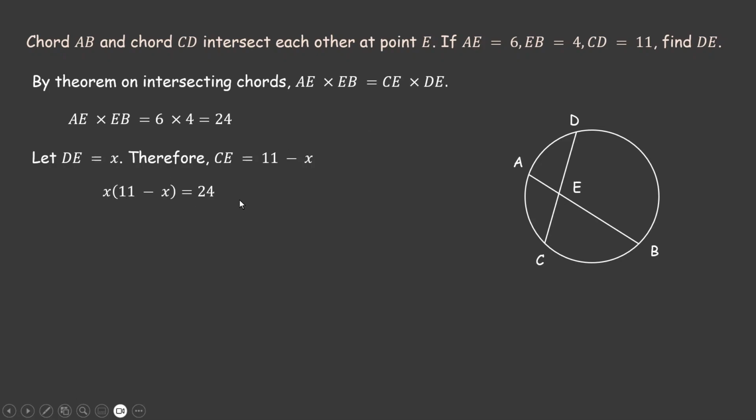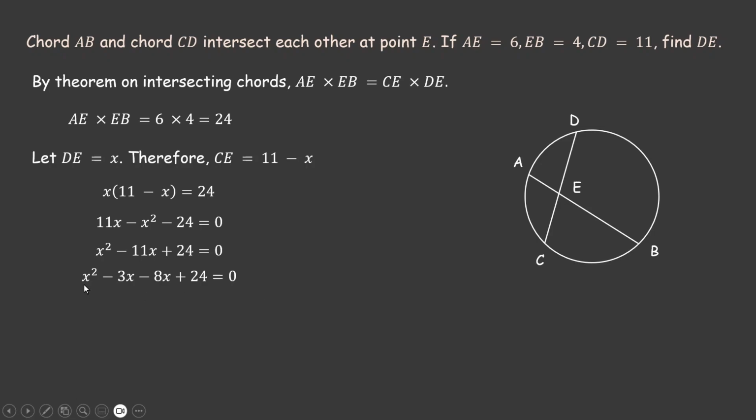Let's multiply this. It will be 11x minus x square minus 24 equal to 0, or x square minus 11x plus 24 equal to 0. Now this is a quadratic equation, so we are going to factorize it. We are going to use middle term splitting over here. Negative 8 into negative 3 is positive 24, and negative 8 plus negative 3 gives us negative 11.